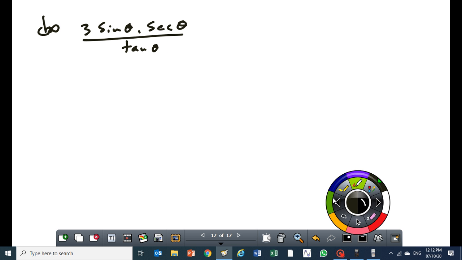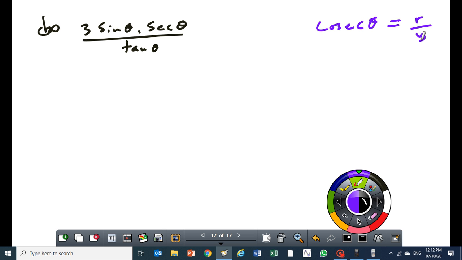I just want to remind you that when you want to do this question, you need to remember your reciprocals. In terms of the Cartesian plane, your cosec theta, which is the reciprocal of sine, is going to be equal to r over y.